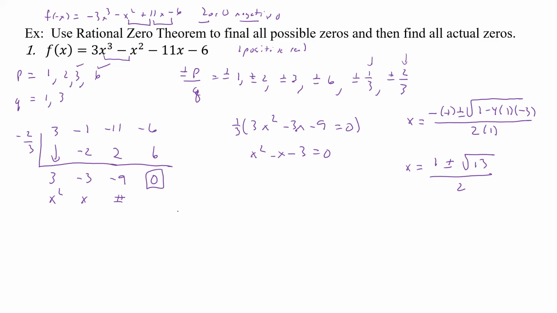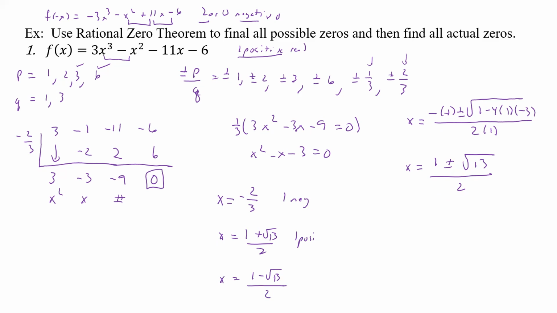And so my factors are going to be x equals -2/3. That's one negative. And then we get x equals 1 plus the square root of 13 over 2. That's one positive. And guess what? We said we have one positive. And then we get x equals 1 minus the square root of 13 over 2.